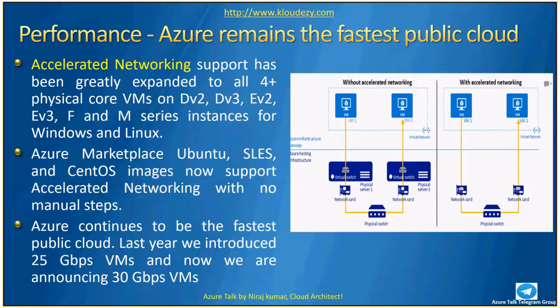When you see this kind of issue, Microsoft has introduced the accelerated networking tool, where you will not see such issues. You will have high performance, very low CPU utilization, and lower latency.